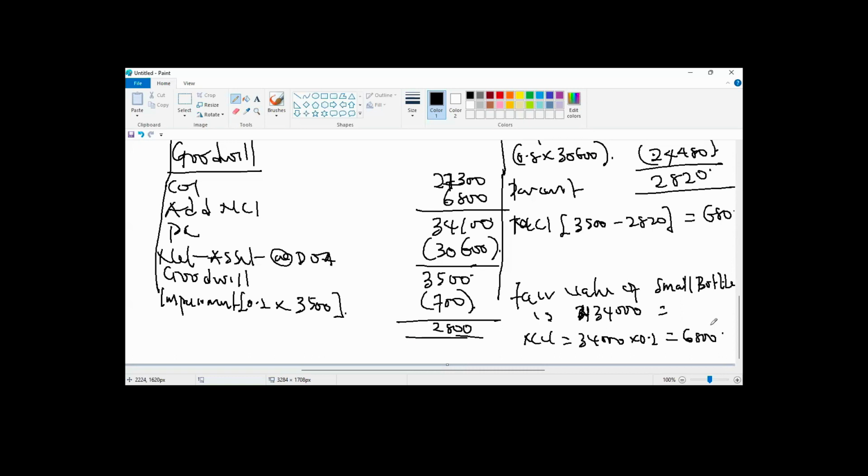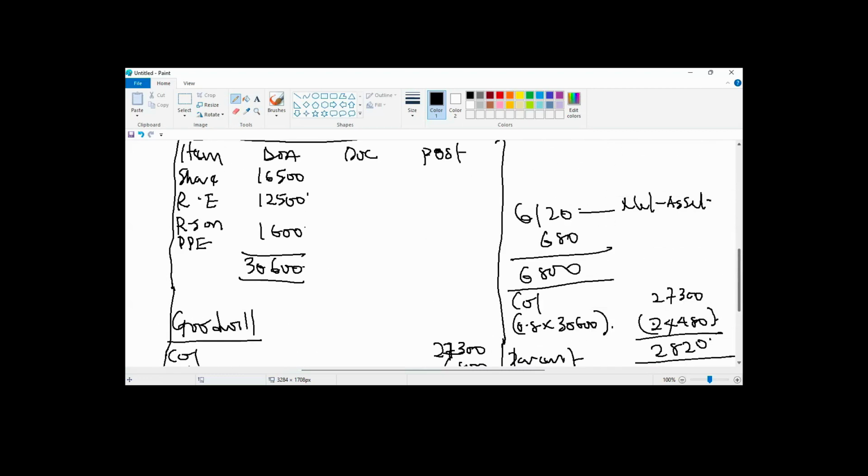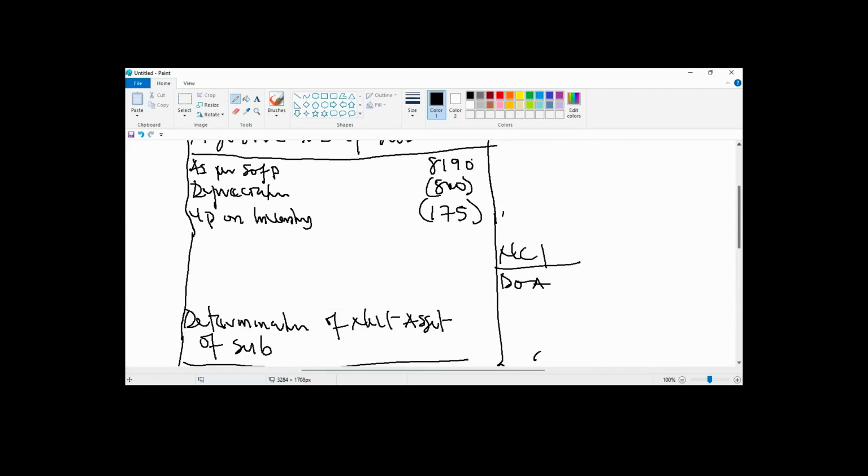Next, any other question? Impairment, you have done that. You cannot share impairments. Let's go and check the impairments. NCI, the date of acquisition has given me 26/8.